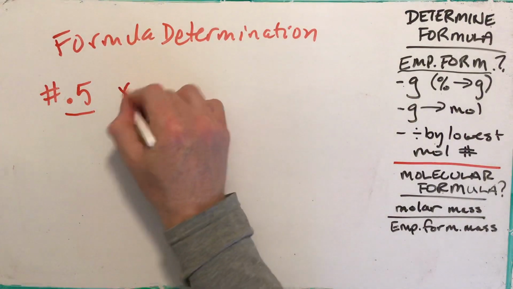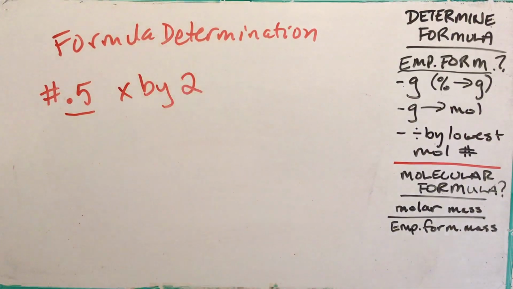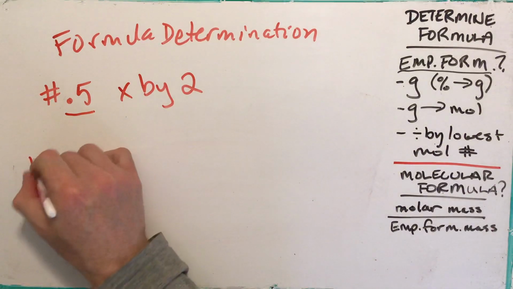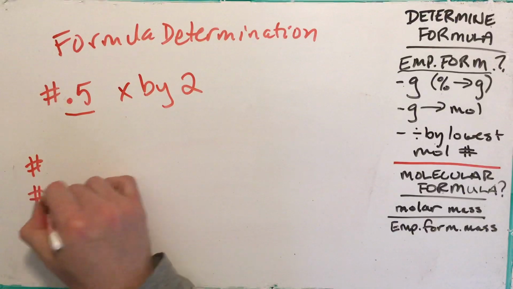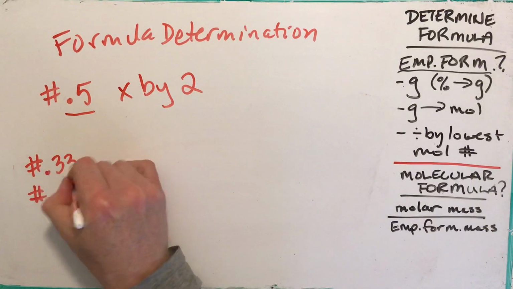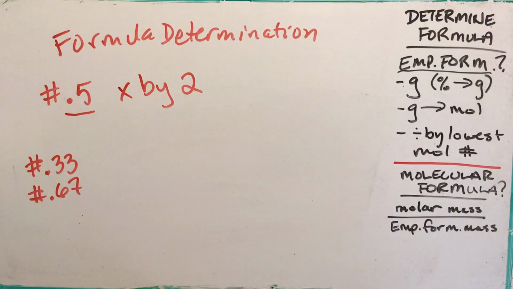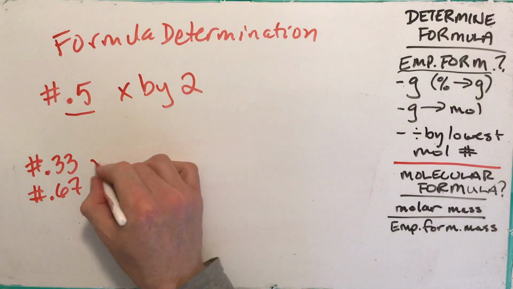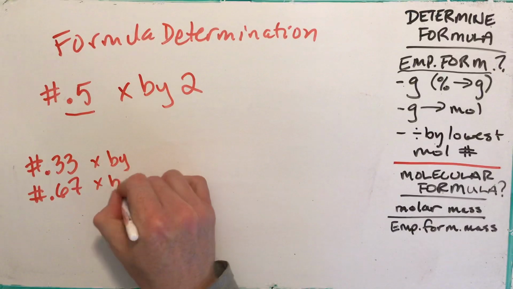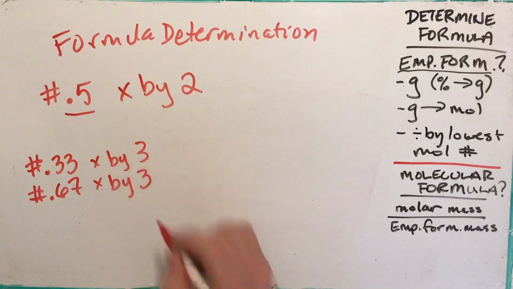You are going to multiply by 2. If you get a number that ends in 0.33 or 0.67, you're going to multiply by 3 in both of those cases.